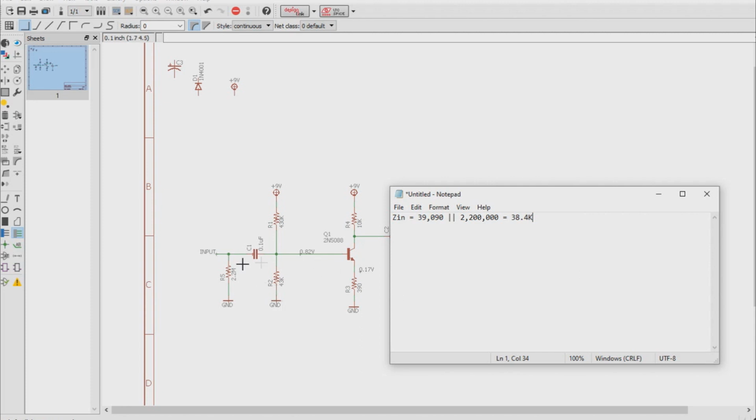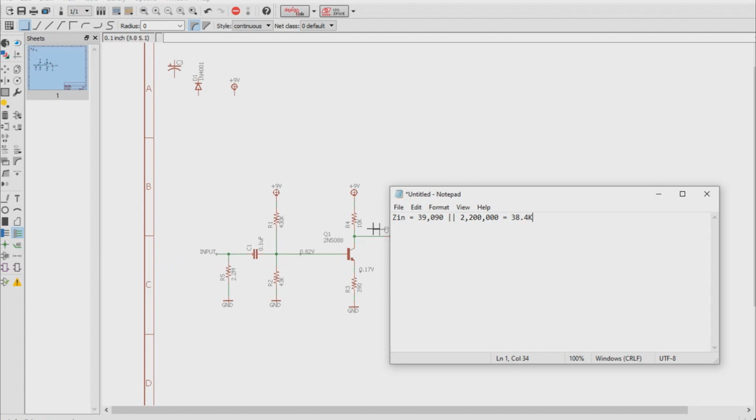Now, if this is a part of a circuit, like the fourth stage on the Big Muff Pi uses a very, very similar circuit, then the input impedance is not really that big of a deal because the amount of quote-unquote cable is measured in millimeters, because it's traces on the PCB.